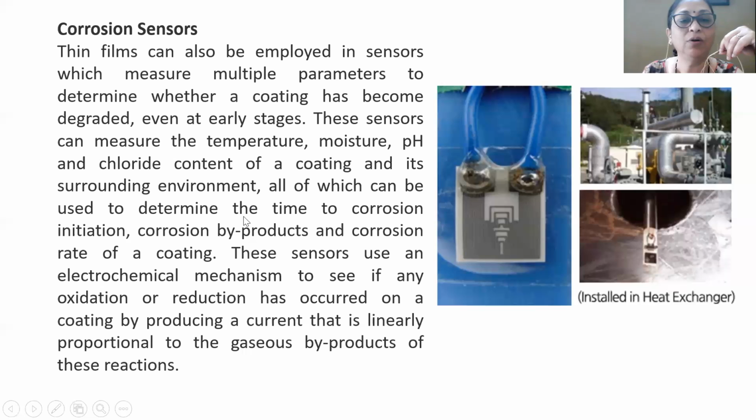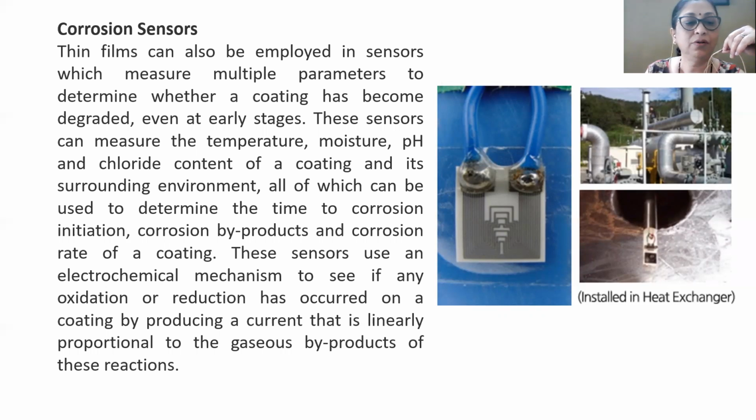By measuring all these parameters, it is possible to determine the corrosion time of the coating, and such corrosion time is predicted by the manufacturer. Detecting corrosion is an important thing in industry, and that can be carried out with the help of thin film sensors.